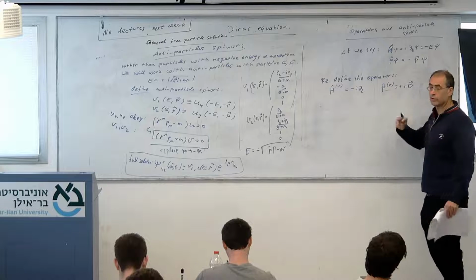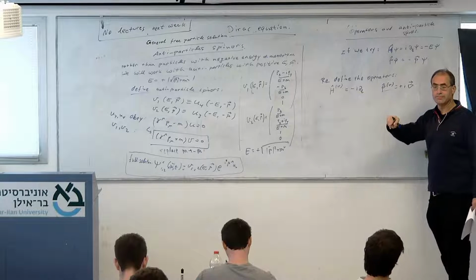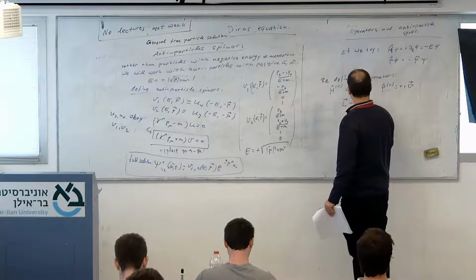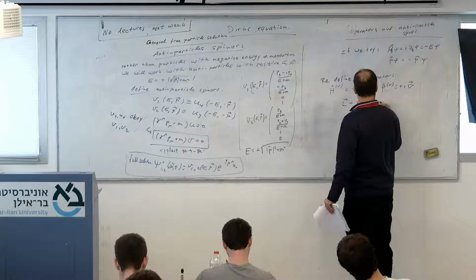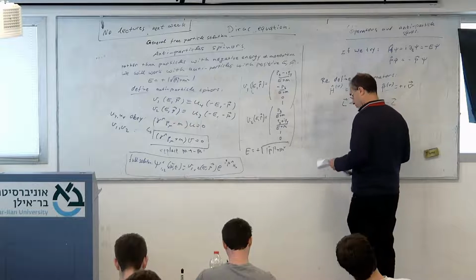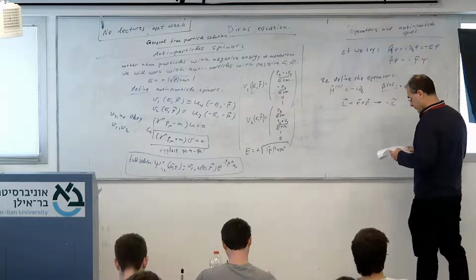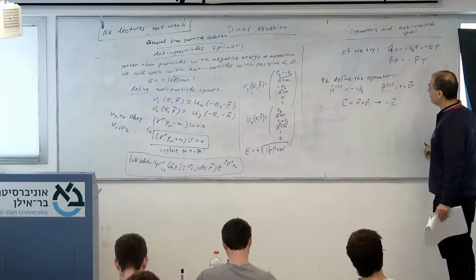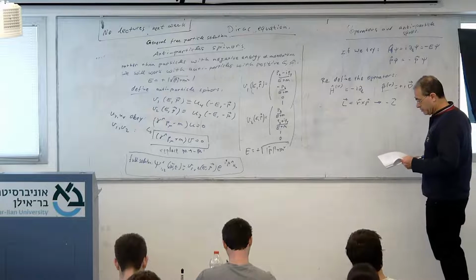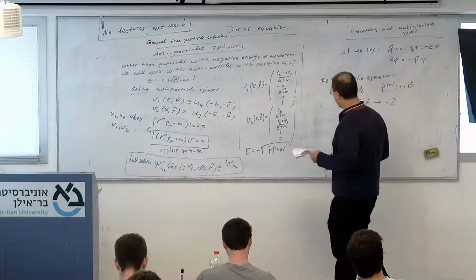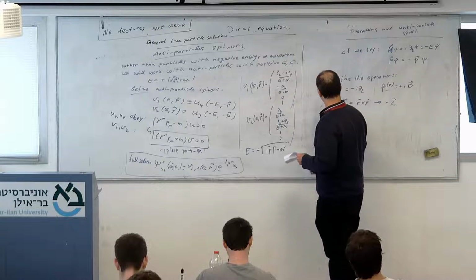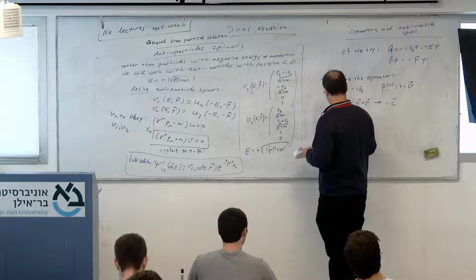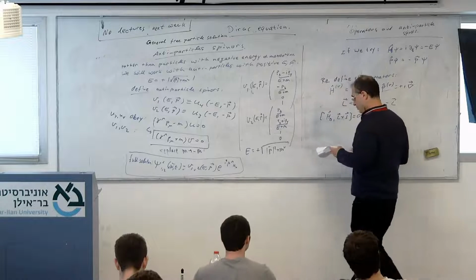And what will happen to the orbital angular momentum? It flips, right? So L, which is r cross p, would go into minus L. So what does it mean if we want to conserve the total angular momentum? We need L plus S to be equal to 0.